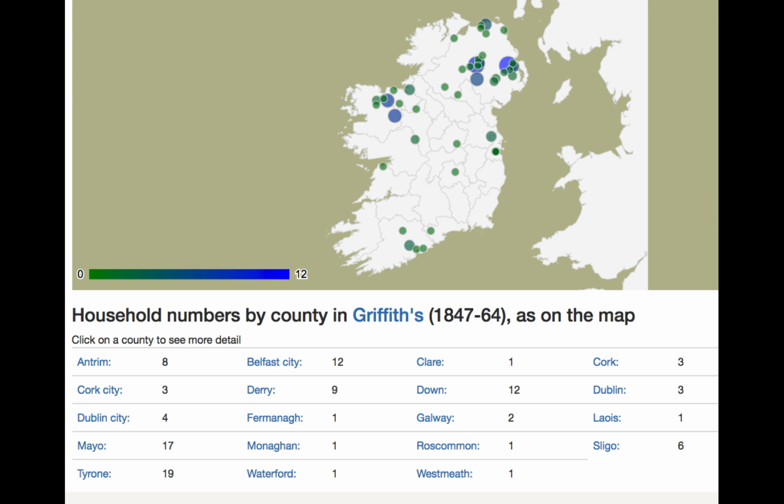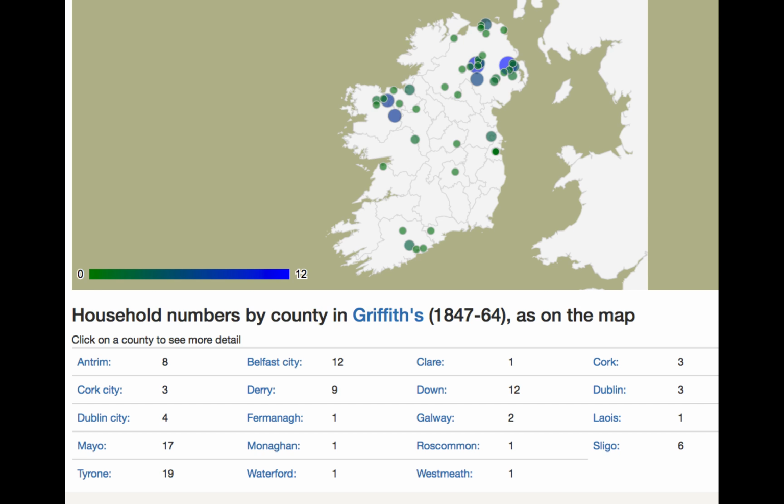Now, let's take a closer look at that map. I'm a very visual person, so I really like the map, but you'll see pretty easily that more common occurrences are in blue, and those are generally larger circles. And then less frequent occurrences are in green, and the circles vary in size. So it gives you a really good visual idea of where you might find your ancestors by that surname.